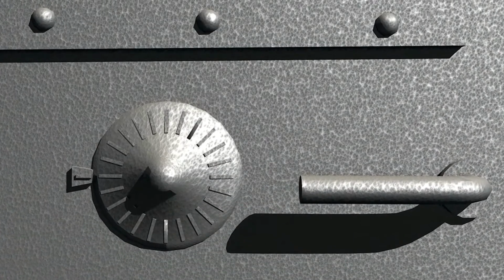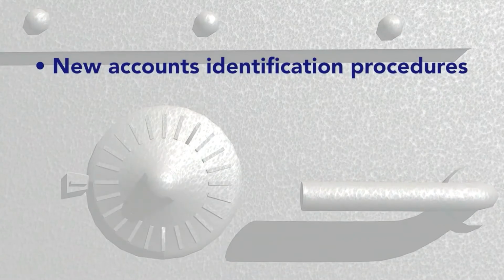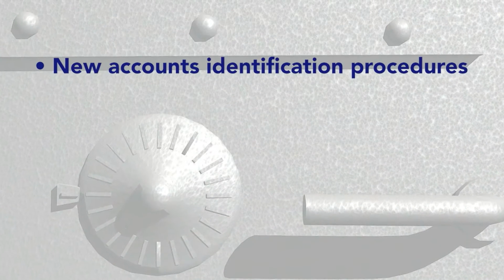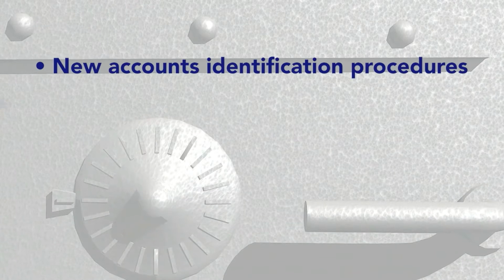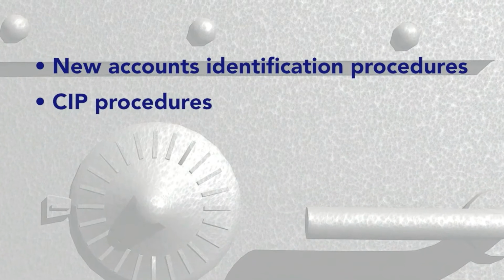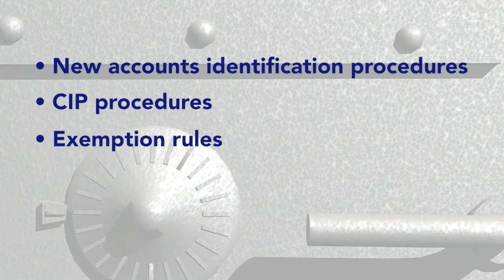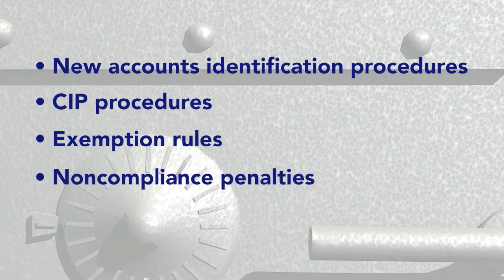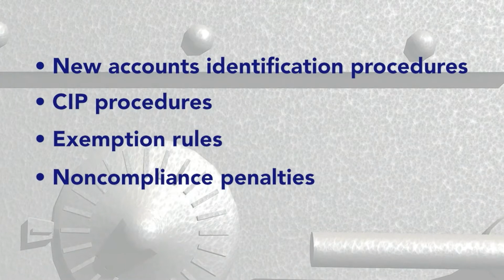We turn now to the required identification procedures for customers who open new accounts and the records you must produce and keep, CIP procedures, who can and cannot be exempt from these rules, and those non-compliance penalties I mentioned.